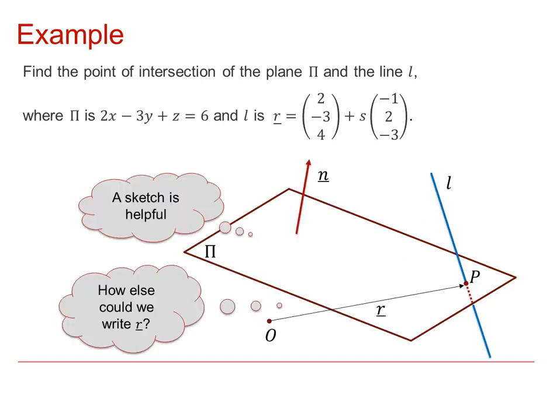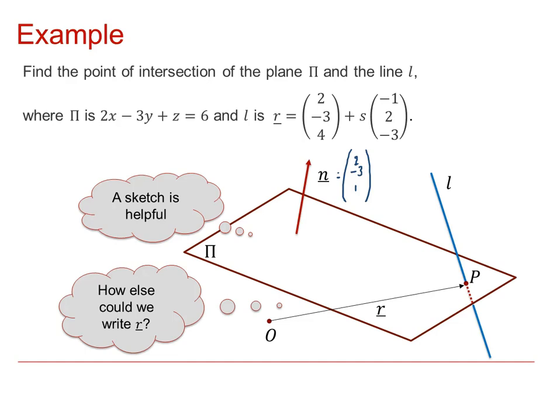Well, first it's always worth drawing a sketch and thinking about what the equations mean. The equation of the plane tells us that the normal is the vector (2, -3, 1), although in this particular case we're not going to need that. We're simply going to be substituting values into the equation as it's given.